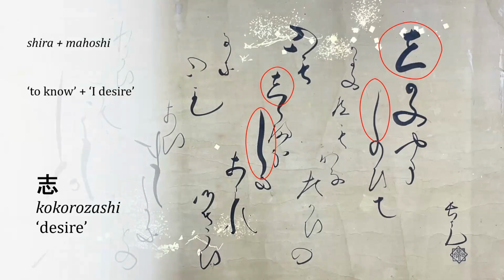So linguistically, we have the word to know, which is shiru, which is written with kokorozashi, desire. And linguistically, we have mahoshi, which means desire, but she's used this vertical one, a conjugation for desire.